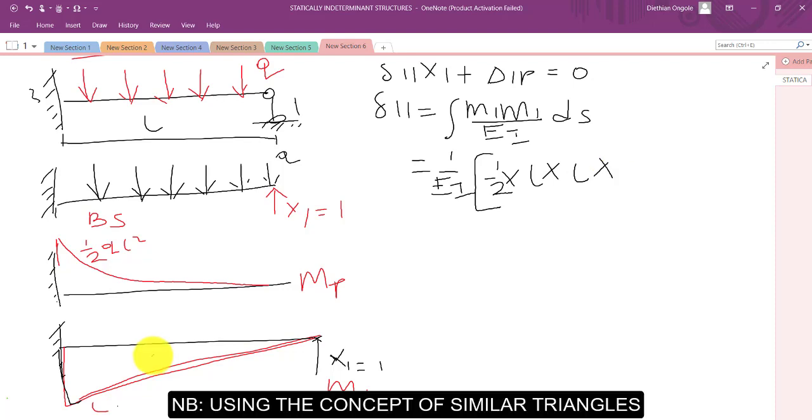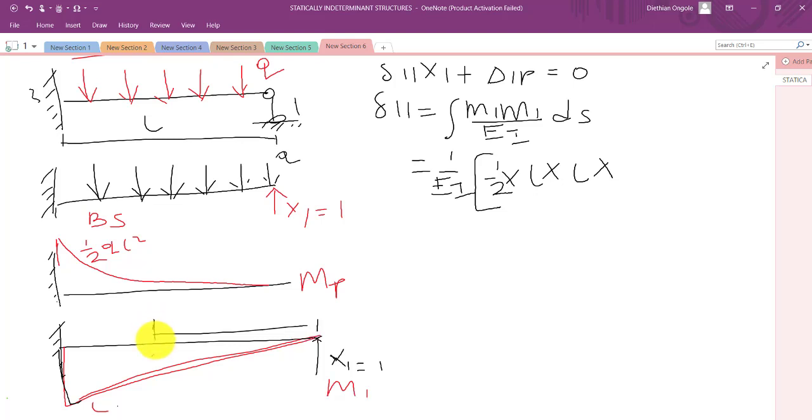If you recall, from this point up to this point it takes a length of 2/3 of L. Therefore, I find delta 11 as being equal to 1 over 3 EI L cubed.